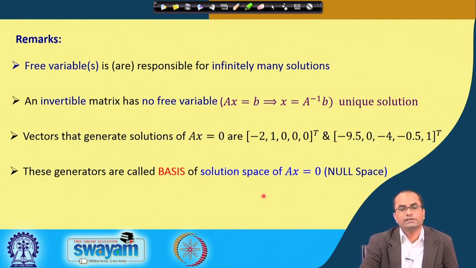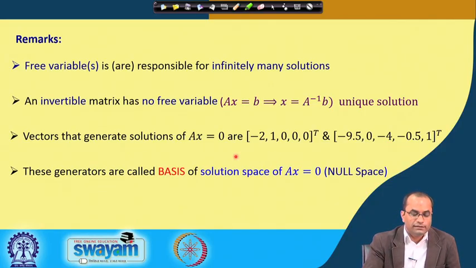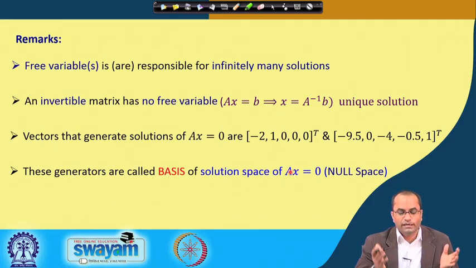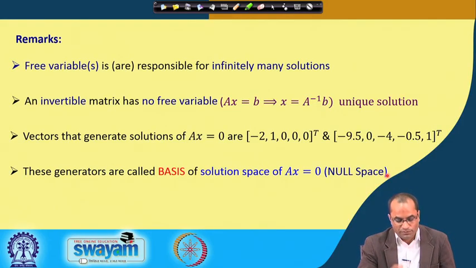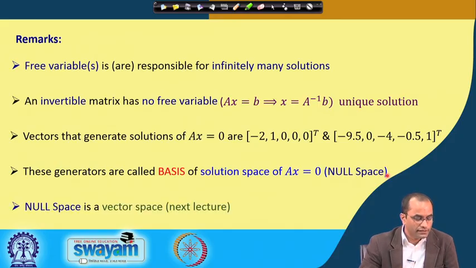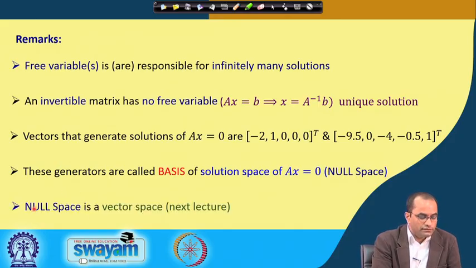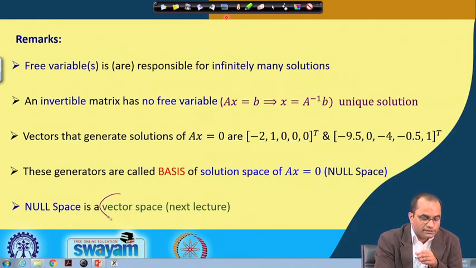The solution space of Ax is equal to 0, because Ax is equal to 0 has infinitely many solutions in that case, for instance, and these vectors are called bases of the space where we have so many solutions, and that space is also called the null space, which again will be discussed in the next lecture. Here the null space is a vector space. So, again one more term, the vector space, has come.